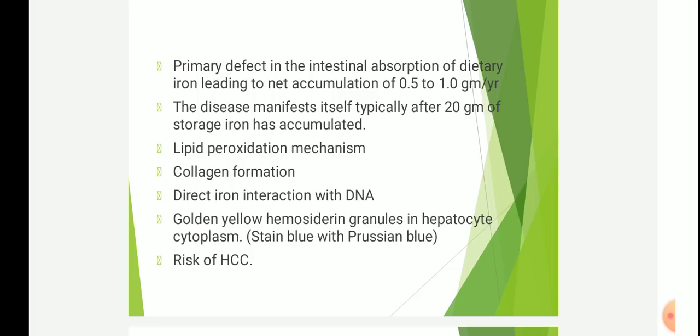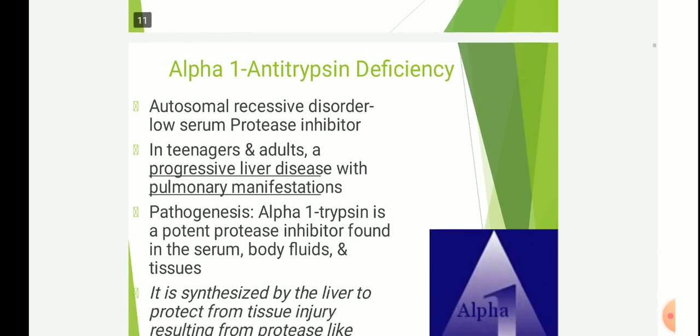Golden yellow hemosiderin granules are seen in the hepatocyte cytoplasm. These granules stain blue with Prussian blue stain. There is every risk that hemochromatosis could lead to HCC, hepatocellular carcinoma.